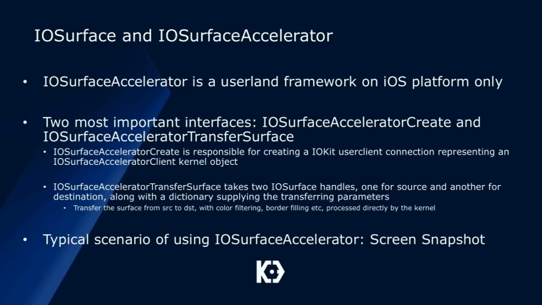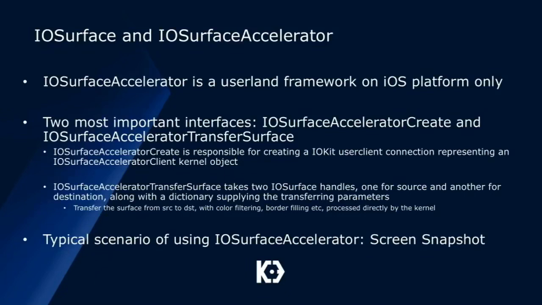The first one is responsible for creating an IOKit user client connection, representing an IO Surface Accelerator client kernel object. And the second interface takes two IO surface handles, one for the source IO surface and the other for the destination, and does the transform.